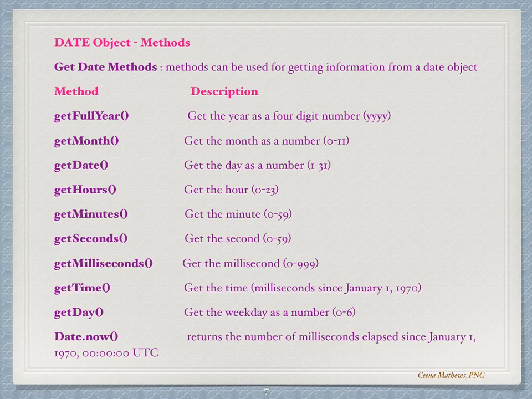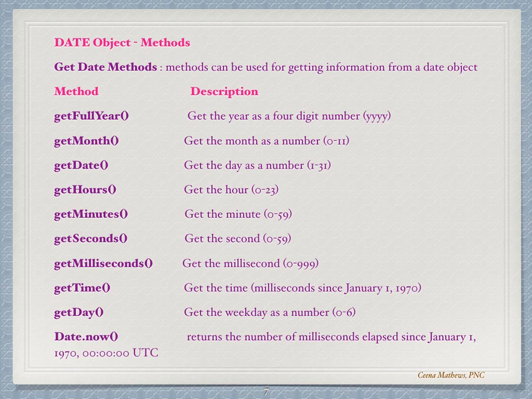Whatever date you give, the milliseconds will be calculated since this zero time. getDay will get the weekday as a number 0 to 6. 0 represents Sunday, and 6 represents Saturday, and this will display the weekday of the given date.